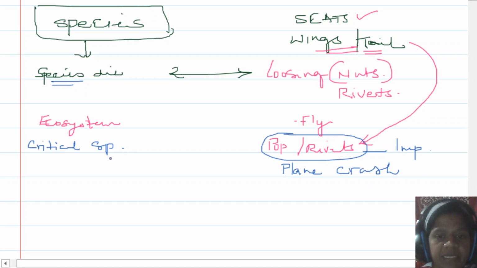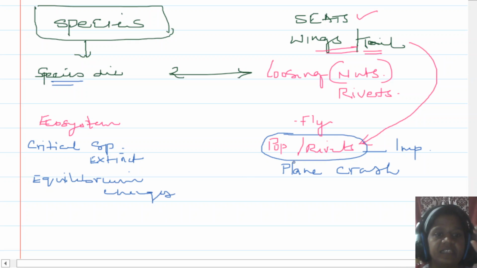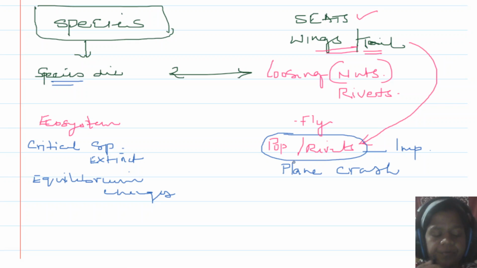If these become extinct or die off, then the equilibrium changes and it affects the ecosystem as a whole. Okay, it may not be a functional one anymore.